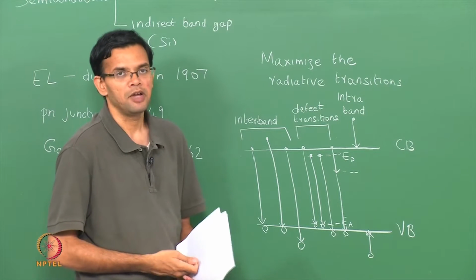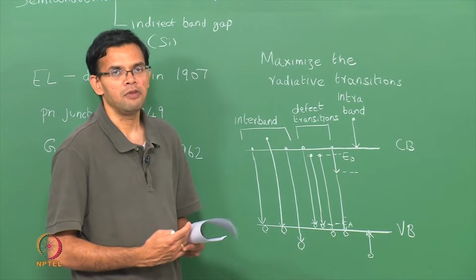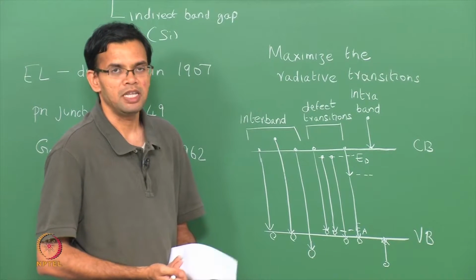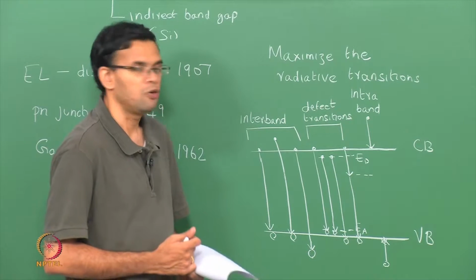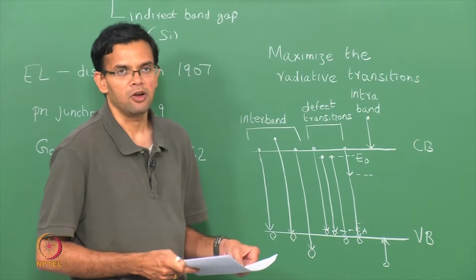For example, if you have defects, then defects could act as traps. So, ideally when you want an LED and when we process the material, we have to make sure there are no defect states that can basically cause non-radiative recombination.